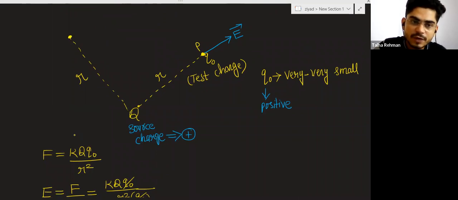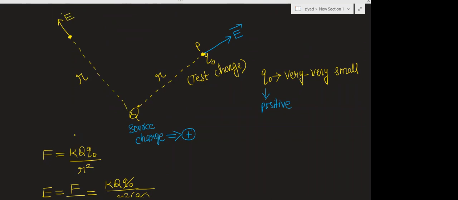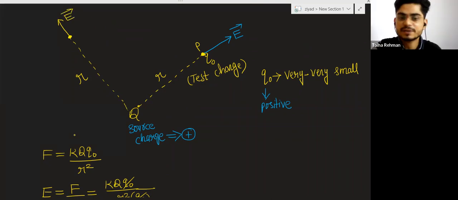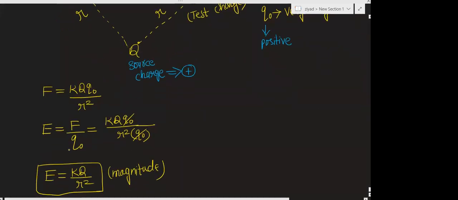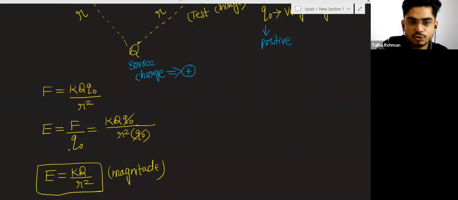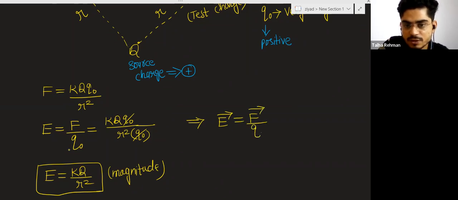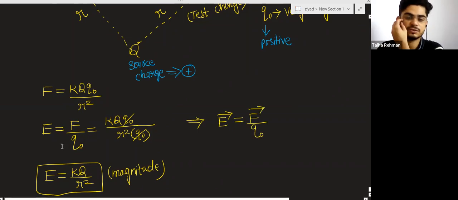And what will be the direction of electric field? It will be in this direction, away from the source charge, because the electric force will be away from this point. And see here, the electric field is force divided by q naught. If you want to write the electric field in vector form in terms of force, then you can write force vector divided by q naught, and q naught is the test charge.